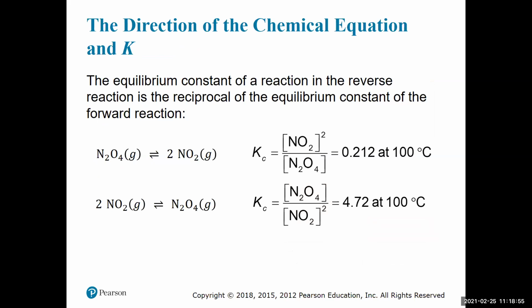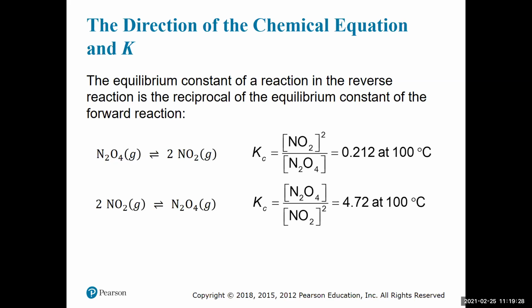If we know what the equilibrium constant is for a reaction, then the constant for the reverse reaction, in other words, to go the other way, is just 1 over that. It's the reciprocal of that. And that makes sense because we said, in this example, N2O4 going to 2 moles of NO2, if we wrote that equilibrium expression, it'd be NO2 squared divided by N2O4.